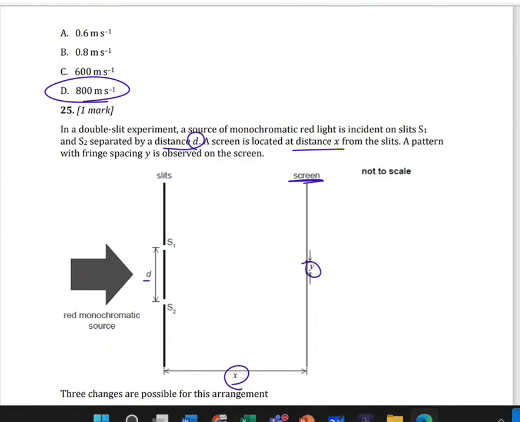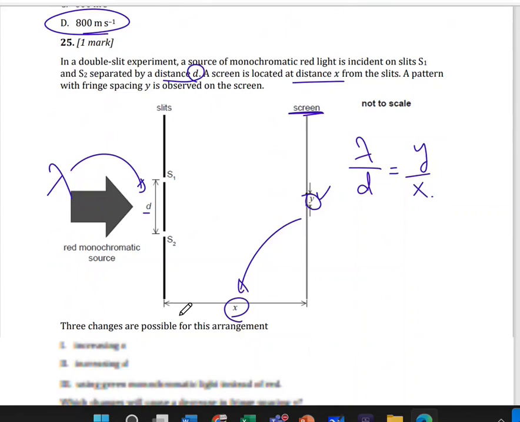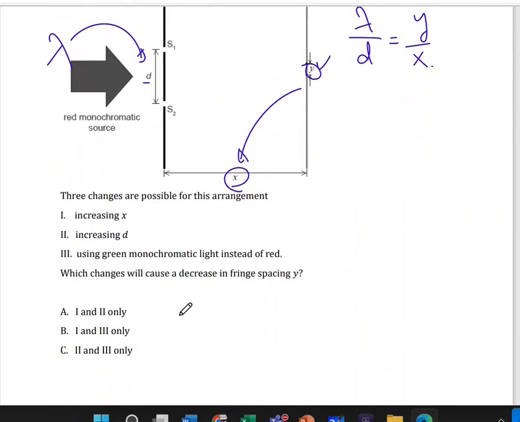Now, three changes are possible. Now, what is the formula for this one? Here we have a light lambda, so it will be lambda over d equals y over x. Now, I need to write the formula for y.